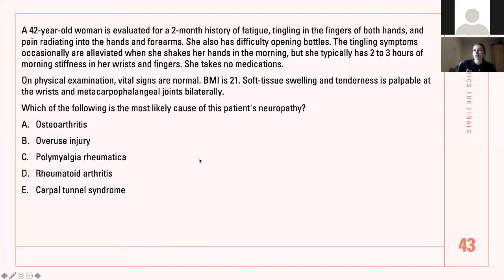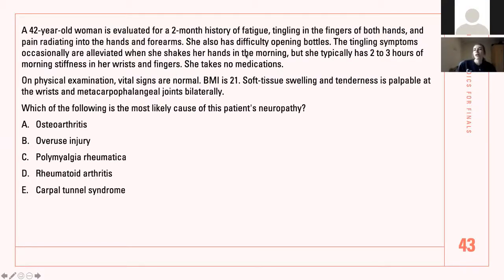Last question. A 42-year-old woman comes in with a 2-month history of fatigue, tingling in her fingers in both hands, pain radiating into the hands and forearms. She has difficulty opening bottles. The tingling symptoms sometimes stop when she shakes her hands, but in the morning she typically has 2 to 3 hours of stiffness in her wrists and fingers.